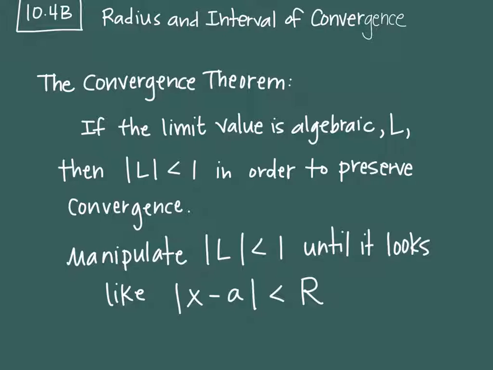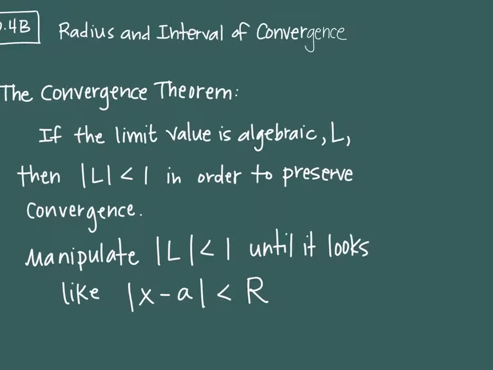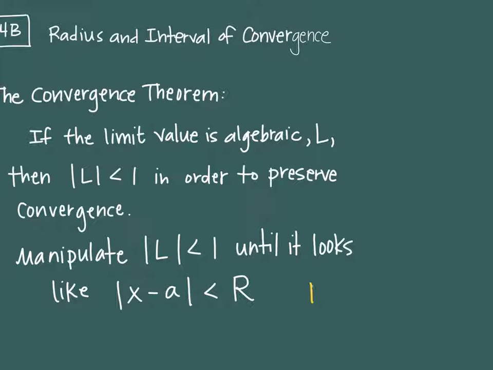It means radius. So you manipulate that limit, whatever the algebraic result was, adding or subtracting on both sides, multiplying or dividing on both sides, until it looks like this. R is what we call the radius of convergence.